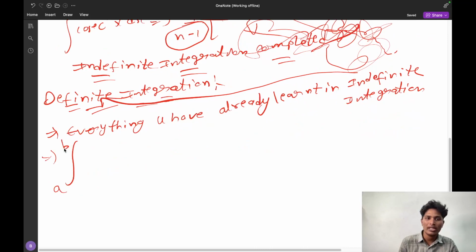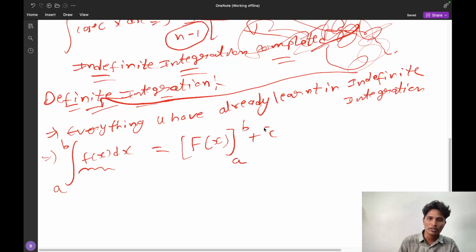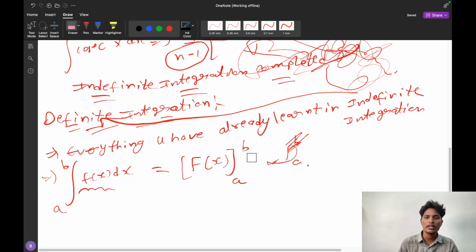Suppose integral from a to b of f of x dx. Suppose the capital F of x is the integral value, that is F of x plus c is the answer. But here we have to substitute the limits b and a. The constant will be cancelled, so in the definite integration you will not get this constant.